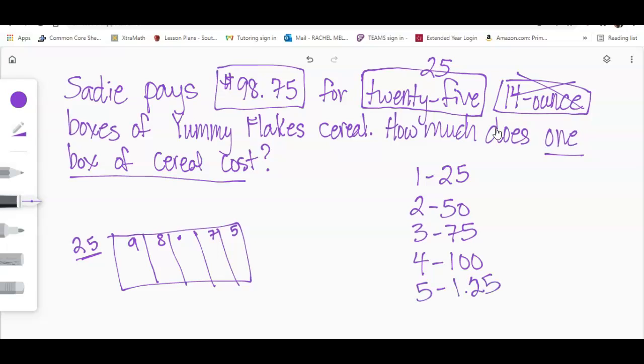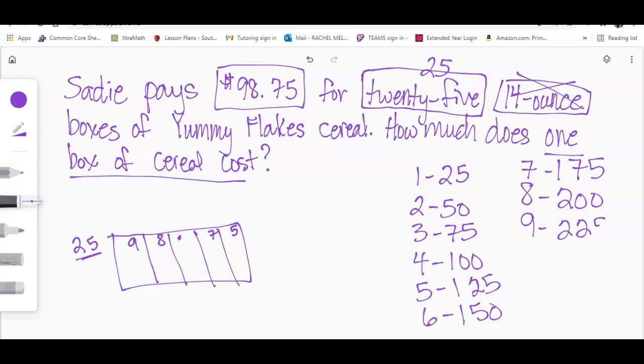Whoops, I don't want that decimal there because we're using the idea of quarters, but it's whole numbers right now. So 6 would be 150. 7 is 175. 8 would be 200. And 9 would be 225.